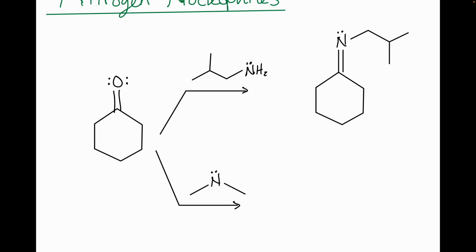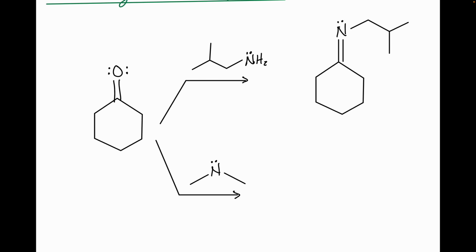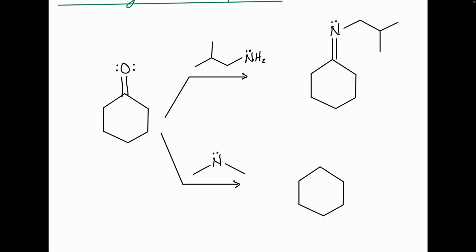All right, with my secondary amine, again, I'm going to attach that nitrogen to what was formerly my carbonyl carbon. But now that carbonyl carbon has a carbon-carbon double bond with its neighbor. All right, and my nitrogen still has its two methyl groups.